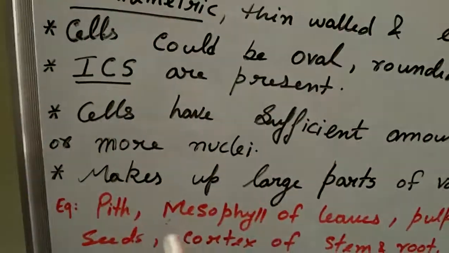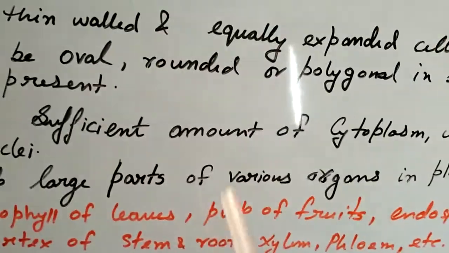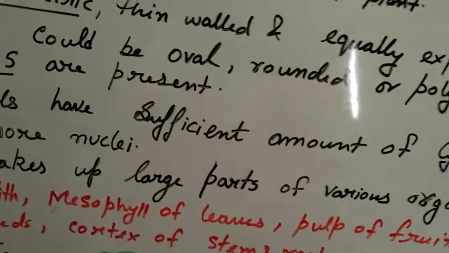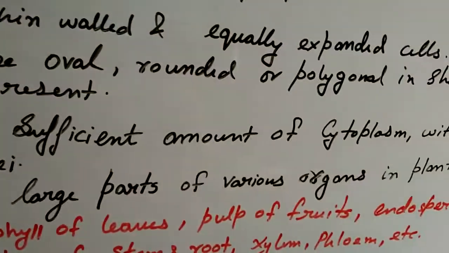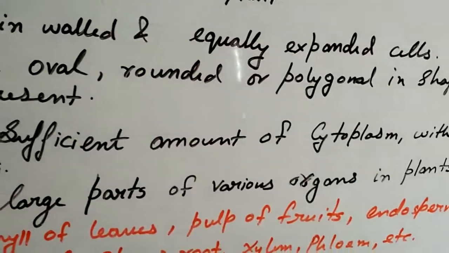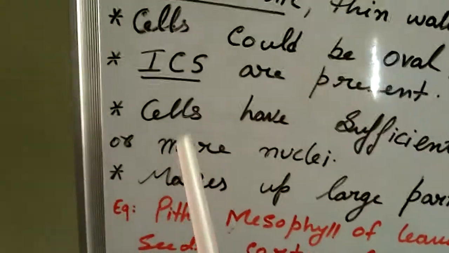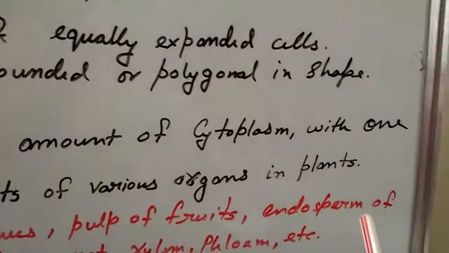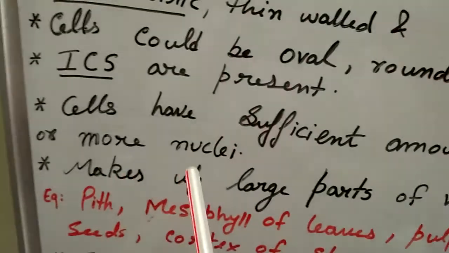So cells of parenchyma are living, therefore these cells have abundant amount of cytoplasm. If these cells were dead, then no cytoplasm would have been there. So cells have sufficient amount of cytoplasm with one or more nuclei.